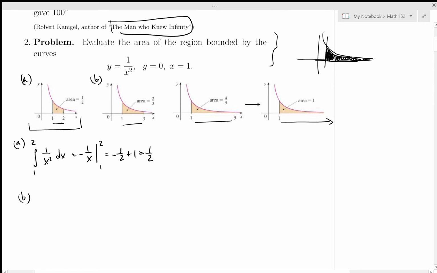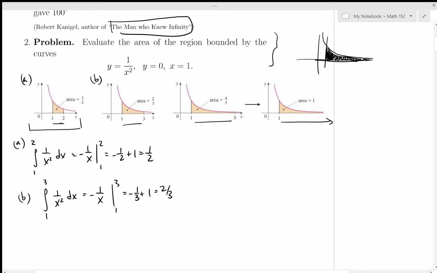Picture B is the same integral, except the limits of integration are changed. Now we want to see what happens when we go from 1 to 3 of 1 over x squared dx. That is minus 1 over x evaluated at 1 and 3, which is minus a third plus 1, so that gets me 2/3.